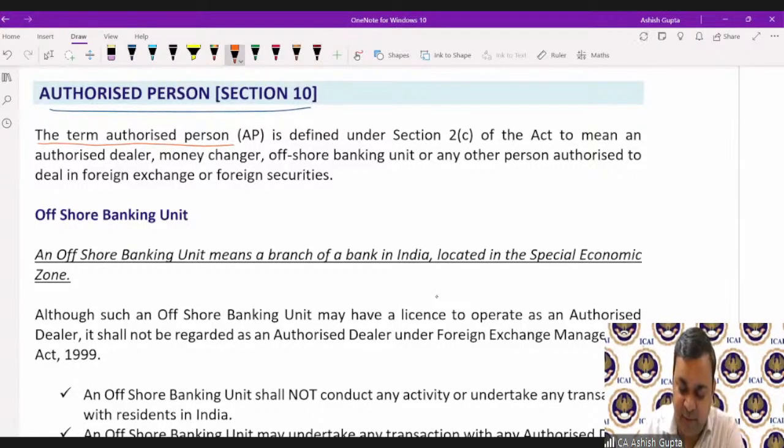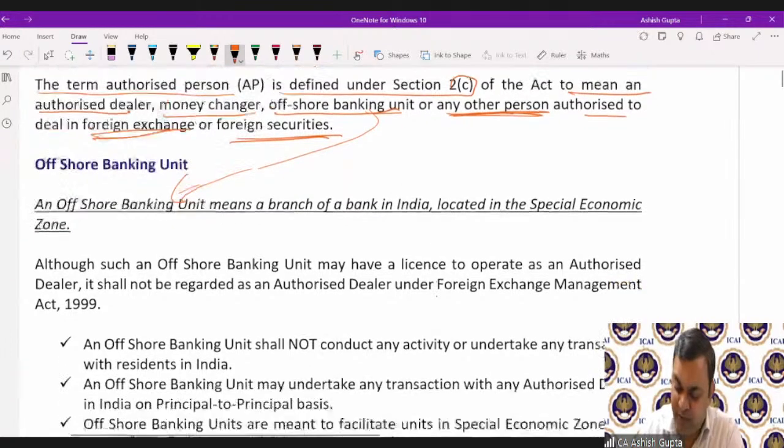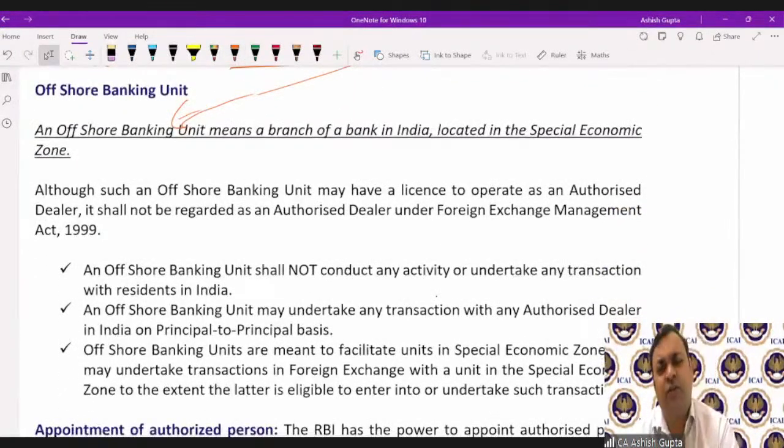The term authorized person is defined under section 2(c), which we already discussed, to mean an authorized dealer, first point, money changer, second point, offshore banking unit, third point, or any other person who is authorized to deal in two things, foreign exchange or foreign securities. Now, what is an offshore banking unit?